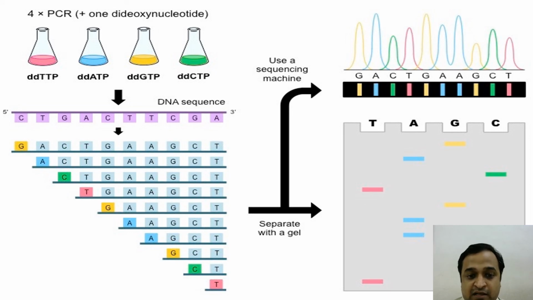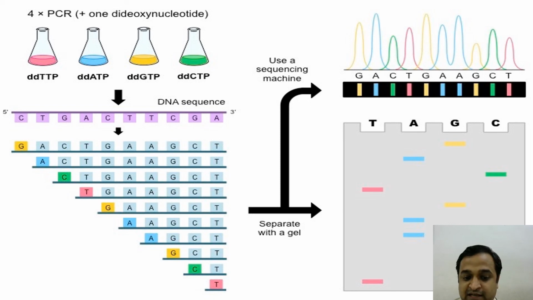And in the final dideoxycytosine mixture, we have different stretches of DNA that end with cytosine. So we now have different stretches of DNA that end with specific dideoxynucleotides. When you run this on gel electrophoresis, depending on the level at which each fragment is segregated, we can work out the complementary sequence of this DNA sequence.